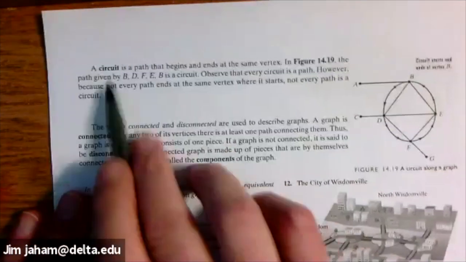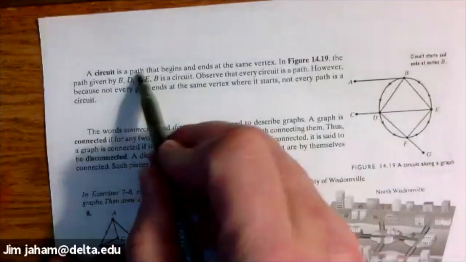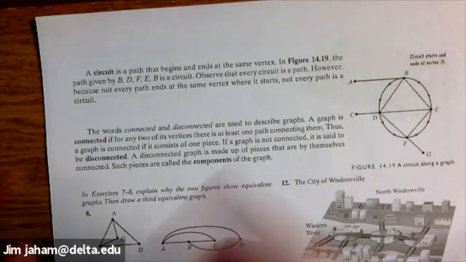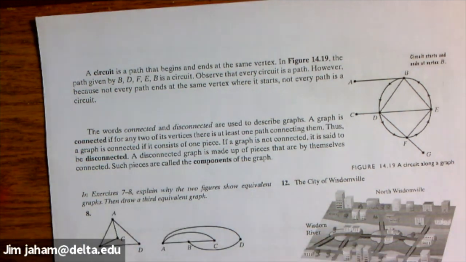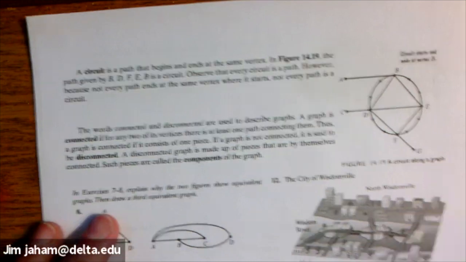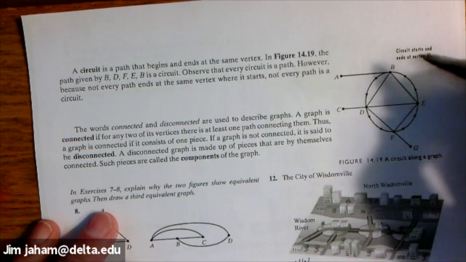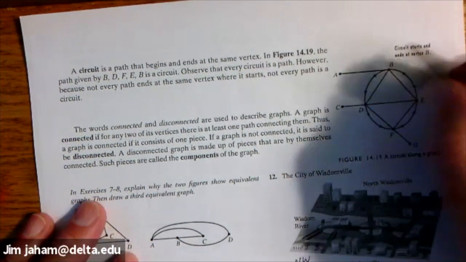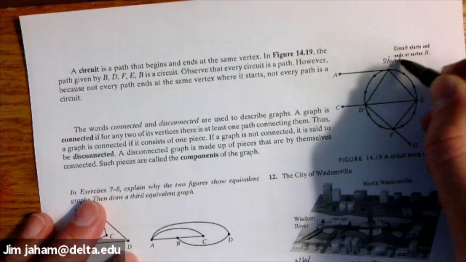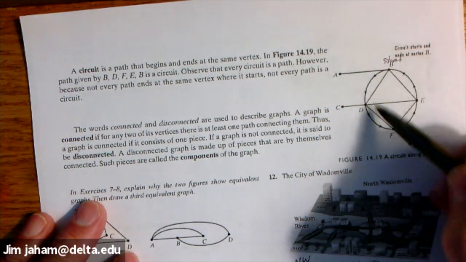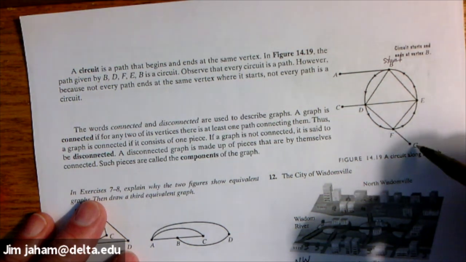The next definition is a circuit, and a circuit is a path. So anything that applies to a path has to apply to a circuit. The only difference between a path and a circuit is that a circuit will return back to where it started. So here's an example. If we start at B, a path would just go off and not do any backtracking and end somewhere else.